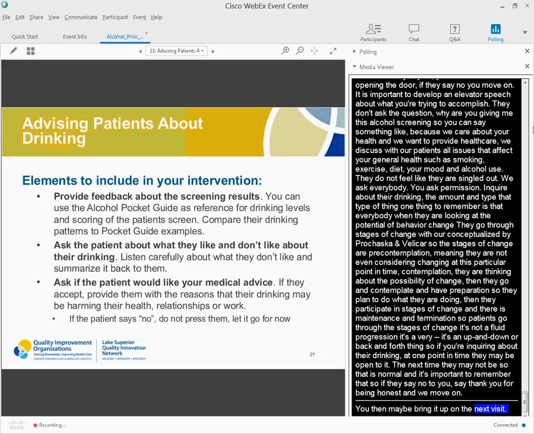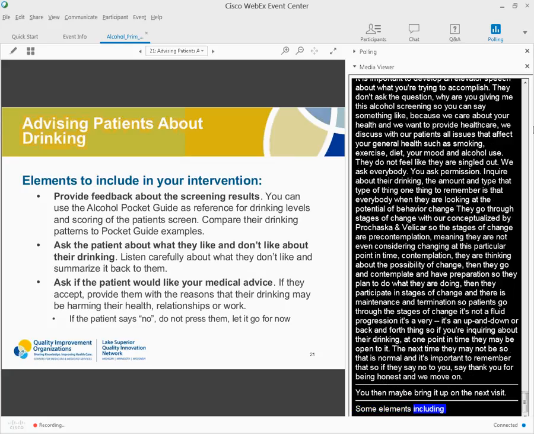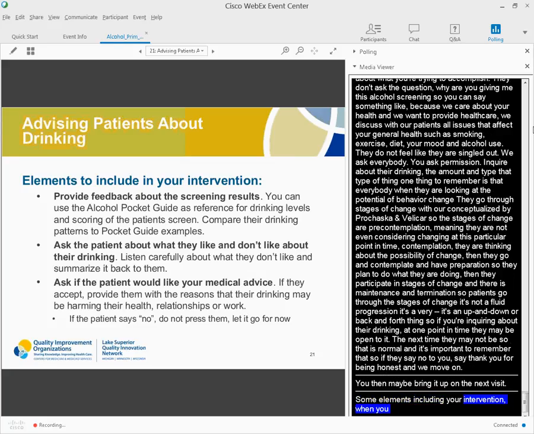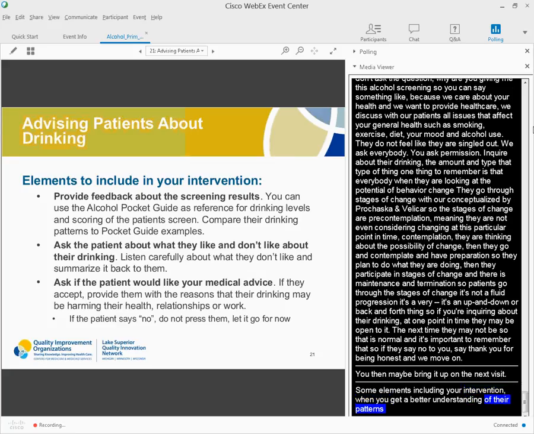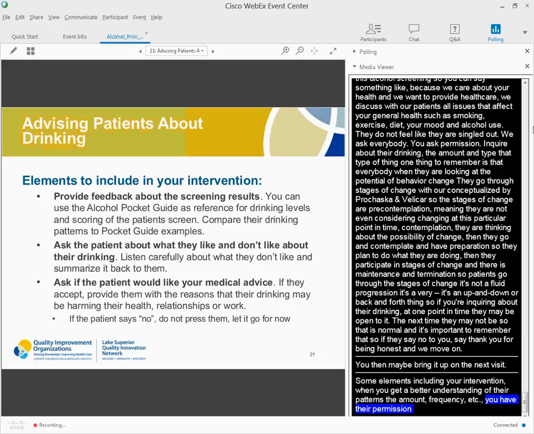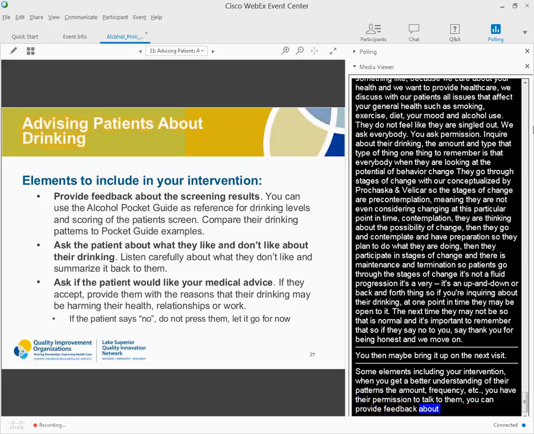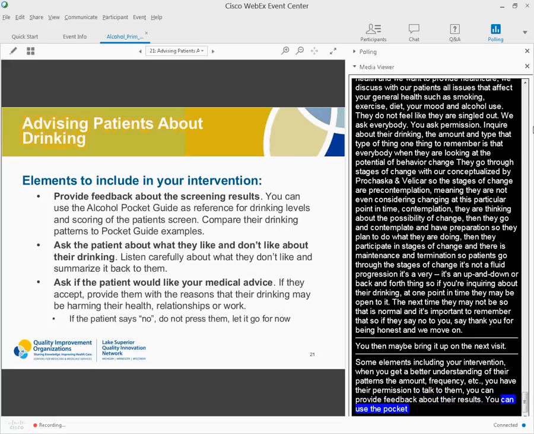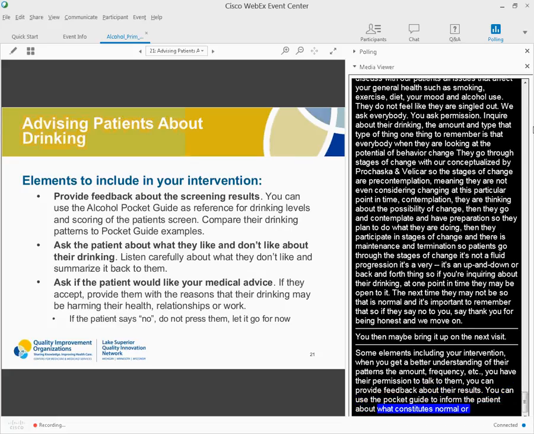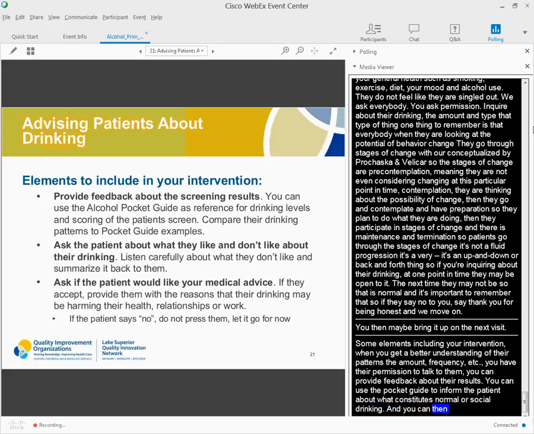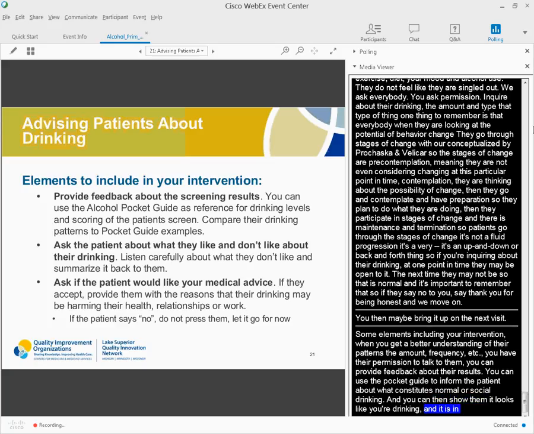Okay, so some elements to include in your intervention. When you start to get a better understanding of their drinking patterns, amount, frequency, type, other substances, and you've gotten their permission to talk to them, can I talk to you about this? You can provide feedback about their screening results. So you can use the pocket guide to inform the patient about what constitutes normal or social drinking. I can make those available to anybody that wants one. You can then just show them that and say, hey, it looks like your drinking is in the range of hazardous or risky, binge drinking or heavy drinking.